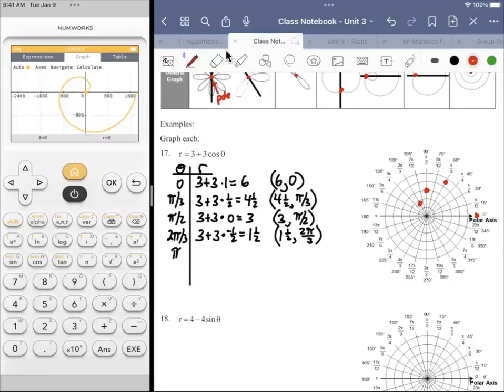So about right here. And then for pi, 3 plus 3 times negative 1 gives me 0. So that's 0 steps in the direction of pi. But 0 steps, regardless of the direction, is always going to put you at the pole. All right, so now I have this part of the graph.